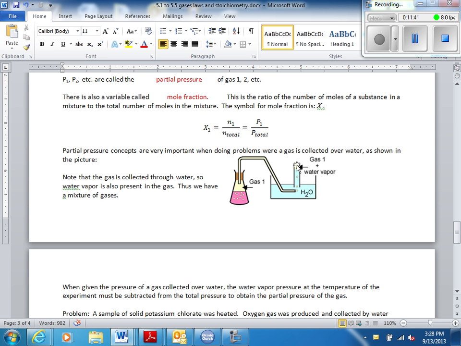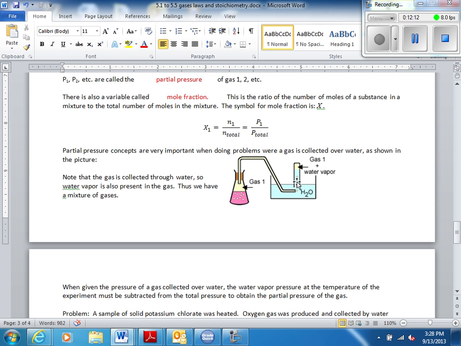Now the water vapor pressure is dependent only on temperature. So in any problem, you will always be given the vapor pressure of water at whatever temperature the experiment is being done. So the total pressure in here, P total, will equal P gas plus P water. And if the level at the top right here is equal to the level of the water here, then you know the pressure of the gas is equal to the outside pressure.